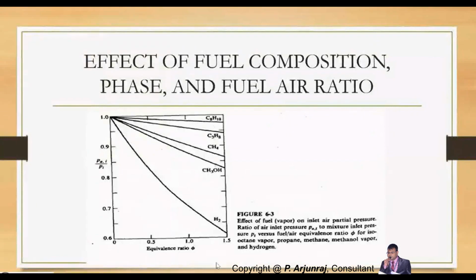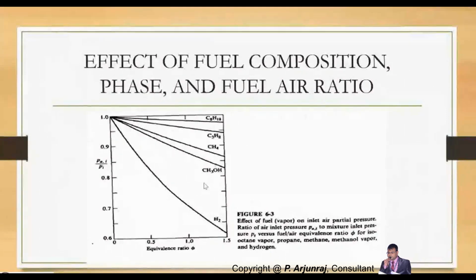So the equivalence ratio is nothing but the fuel air ratio, and then the pressure ratio, which is the ratio of the air inlet pressure to the mixture inlet pressure, versus the equivalence ratio. This will also vary with respect to the different composition of your fuel.